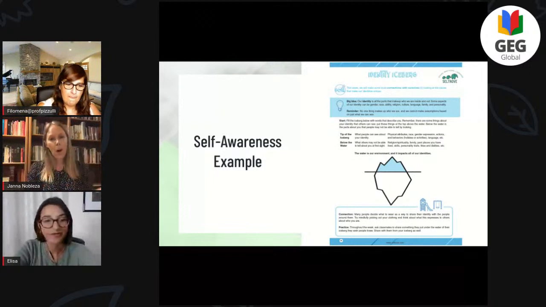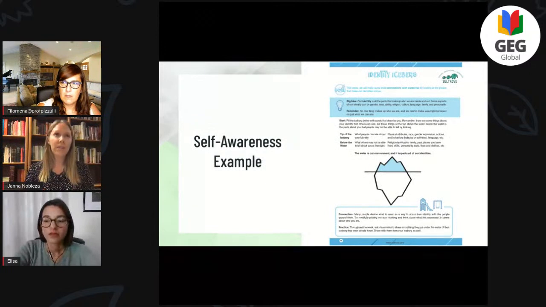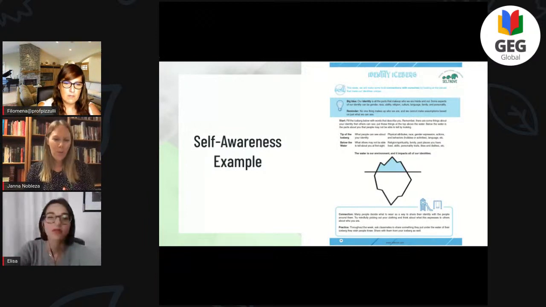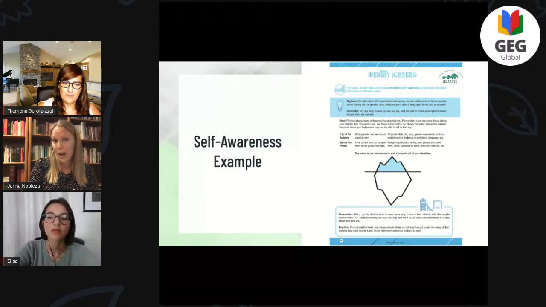And then the water that surrounds that iceberg is the environment. As teachers, we can start talking to our students about how our environments can affect who we are and how we navigate our own identity and what we want people to see and perhaps what kinds of things we hide as well.